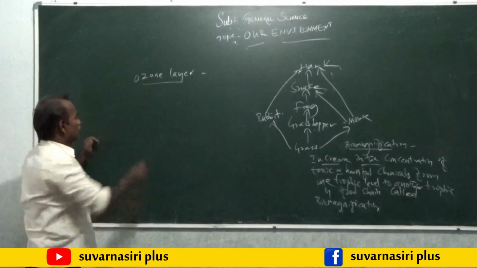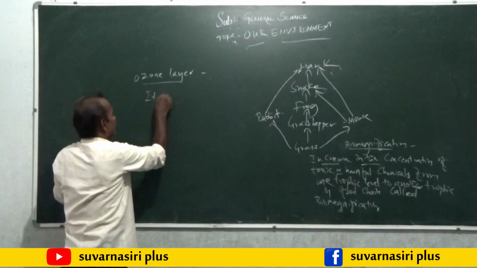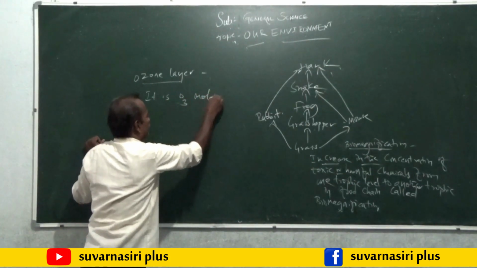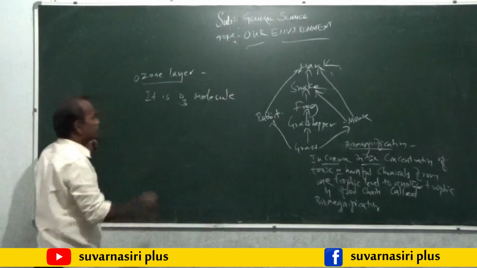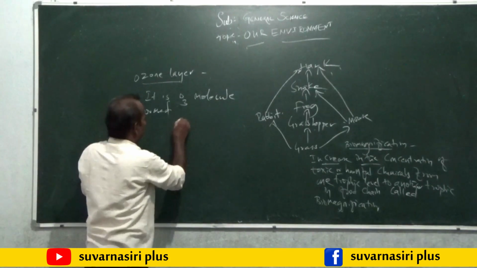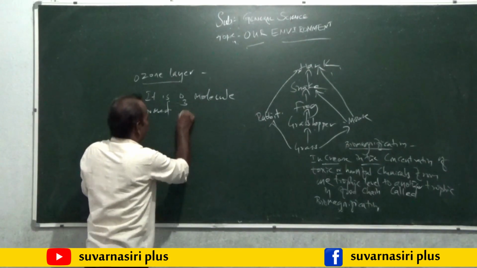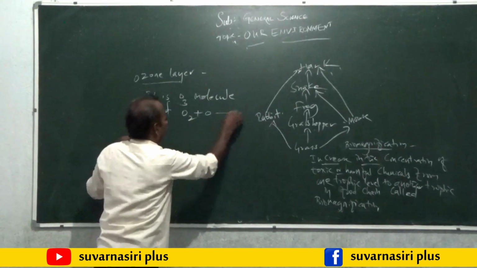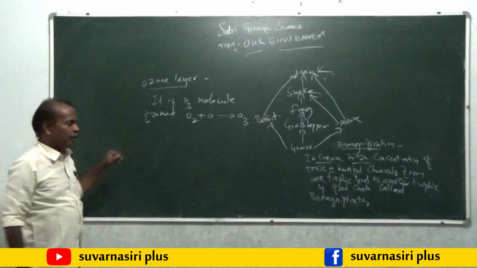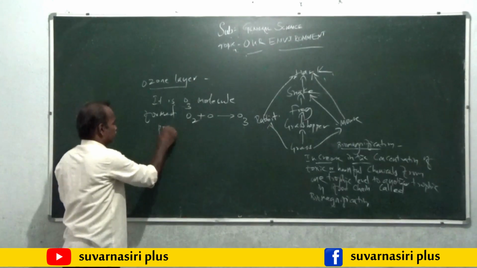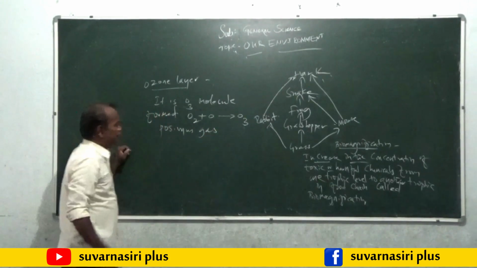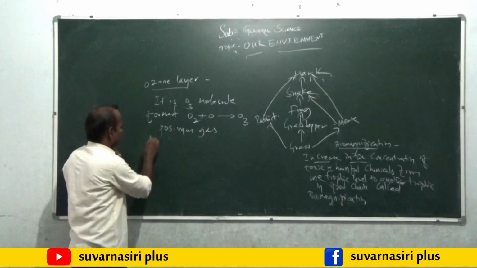Ozone is an O3 molecule, formed by O2 plus O. And this ozone is a poisonous gas, present in the upper layer of the atmosphere.